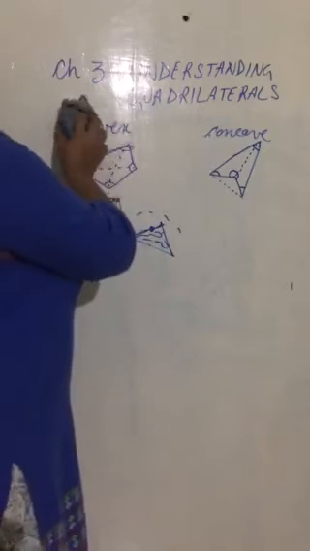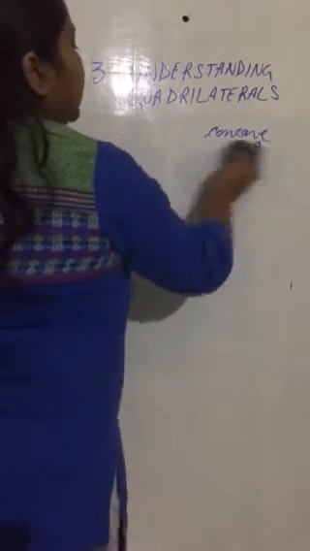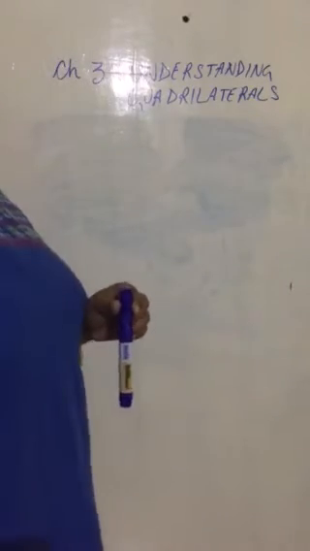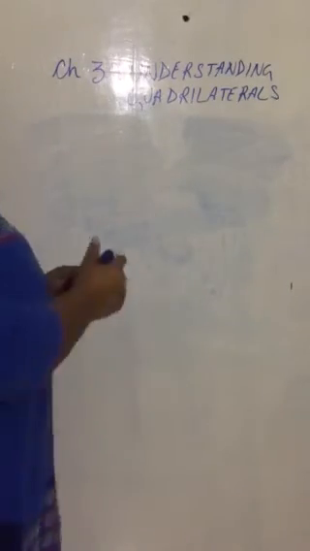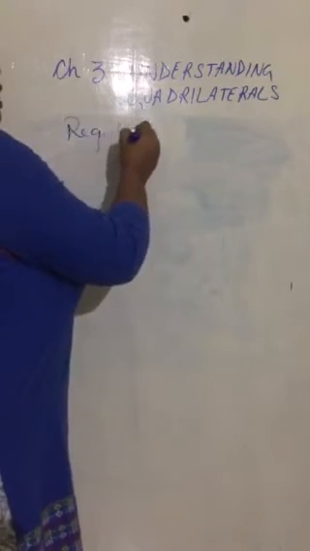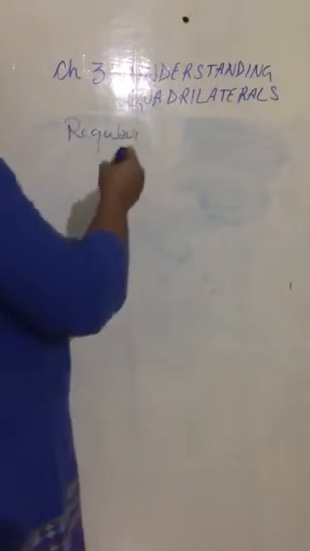Now let us talk about another type of polygon, that is a regular polygon. You have heard the word regular in 6 also, 7 also. What is a regular polygon? Regular polygon.